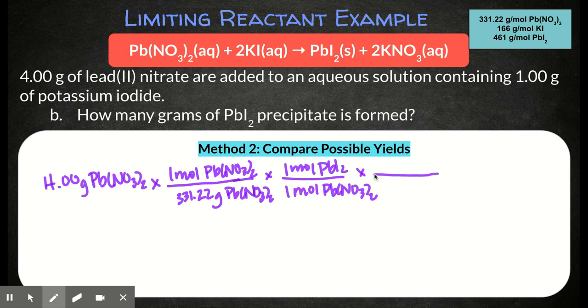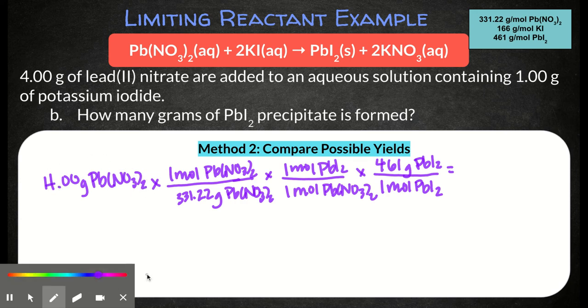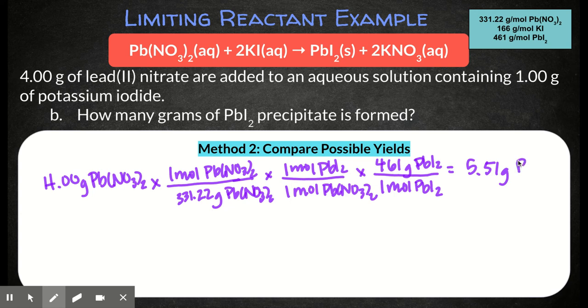And my last step is to say, well, I actually really want to know how many grams that is. And so 1 mole is equal to 461 grams of PbI2. And so if all 4 grams of my PbNO3 reacted with as much potassium iodide as I needed, then that would make 5.51 grams of PbI2.